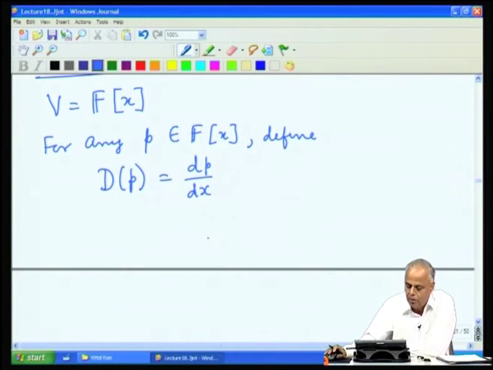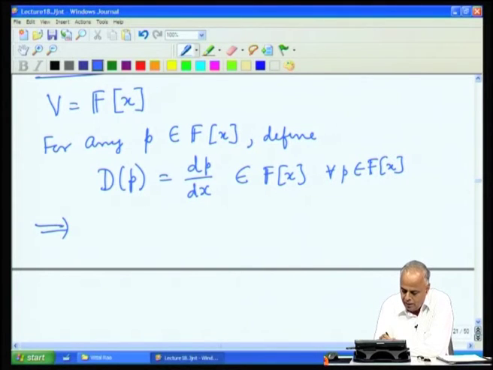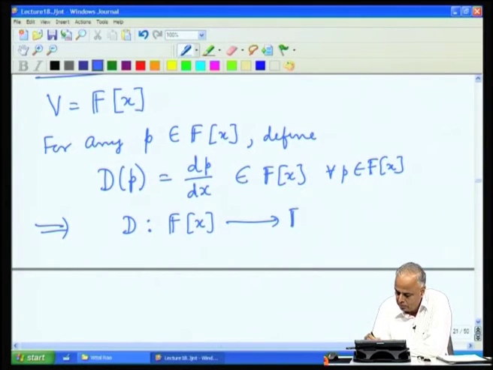So, take a polynomial p and just differentiate it, and we know that if we differentiate a polynomial, we will again get a polynomial, and therefore this belongs to F[x] for every p in F[x], and hence D is a transformation from F[x] to F[x].